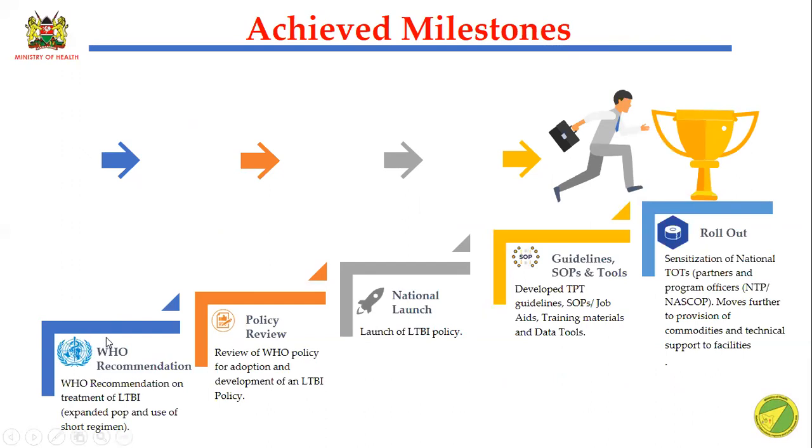But now it was shown that the risk is even beyond these two populations, and all of them need to benefit from TPT. The other recommendation was the use of shorter regimens. We all know of 6 months of isoniazid, what we used to call IPT. But now in 2018, there are shorter regimens that were also included in the list. We will learn about them in the course of this particular session.